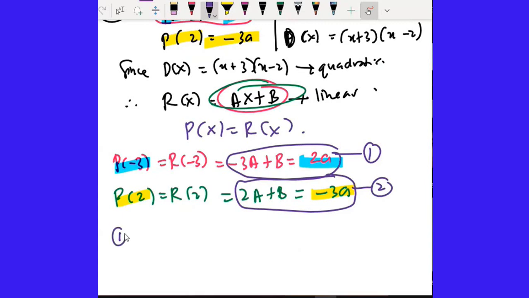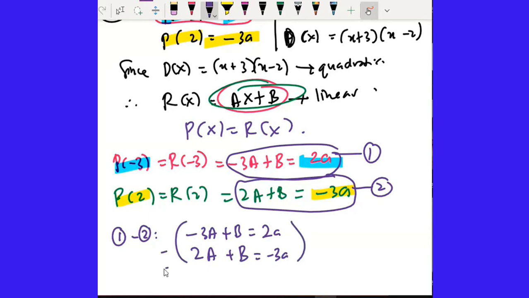Equation 1 minus equation 2. Negative 3A plus B is equal to 2A, and 2A plus B is equal to negative 3A. Subtract: B is eliminated. Negative 3A minus 2A is negative 5A, and 2A minus negative 3A is 5A.